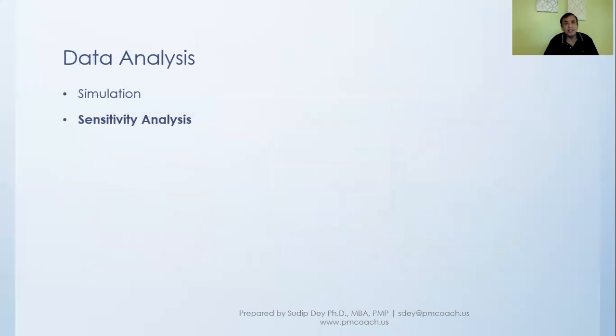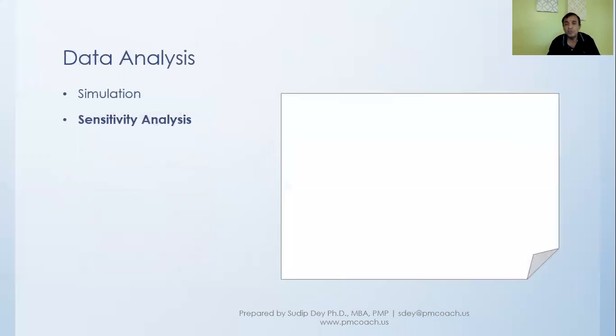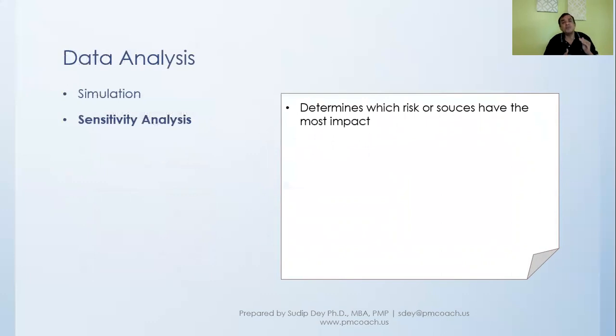Now there is another analysis, which is sensitivity analysis. In sensitivity analysis, we determine which sources of risk have the most impact. We have found the different sources of risk, and we try to find out what has the most impact.